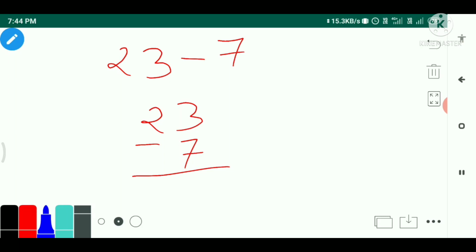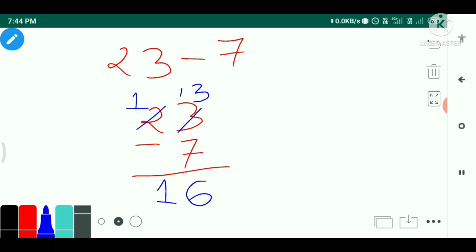So this 2 will reduce and become 1, and this 3 will become 13. Now 13 minus 7 will be 6, right? Now we can write it like this.